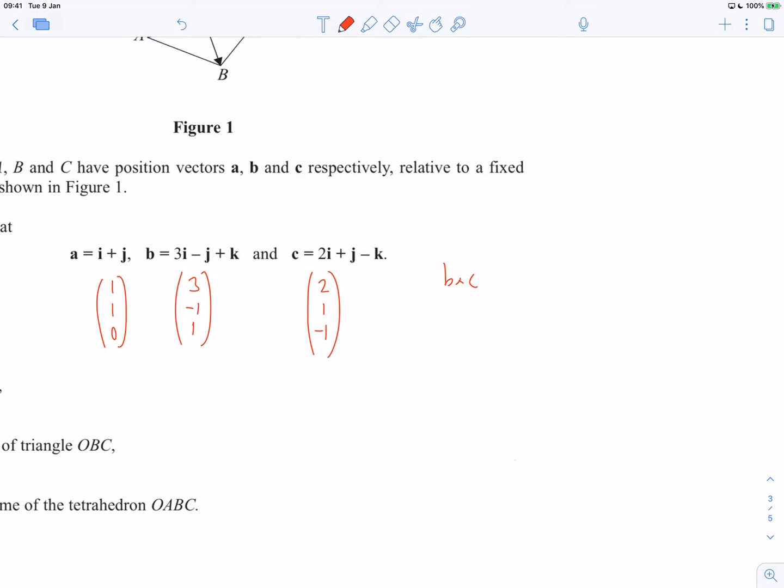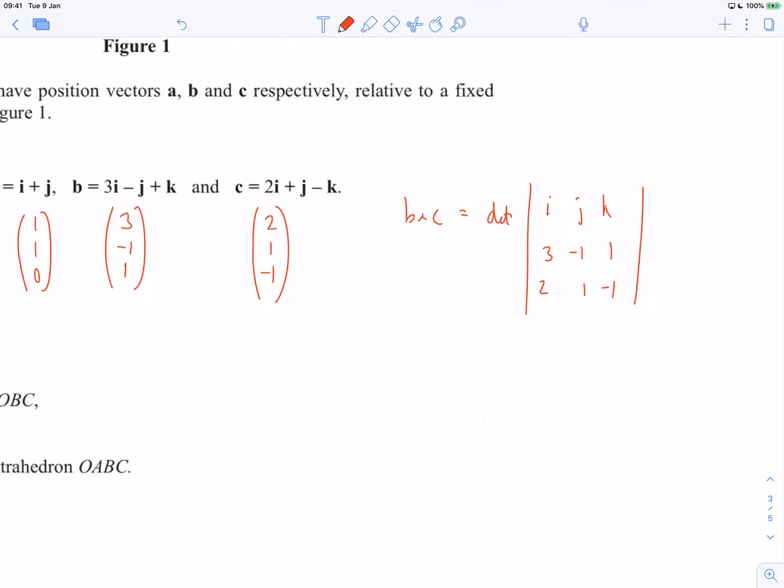Okay, b cross c is just going to be the determinant of i, j, k, and we're going to have b first, that's 3, minus 1, 1, then c next, which is 2, 1, minus 1. So it's going to be i lots of, well, I've got minus 1 times minus 1, which is 1, minus 1 times 1, which is minus another 1, so that's a 0.